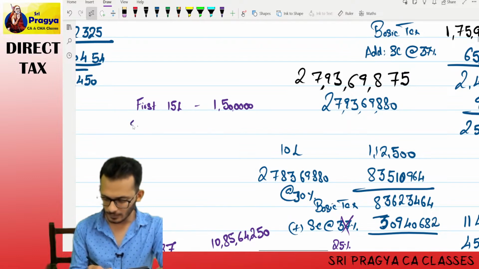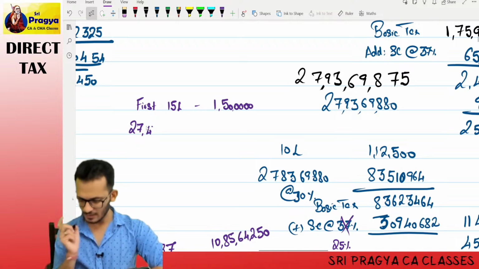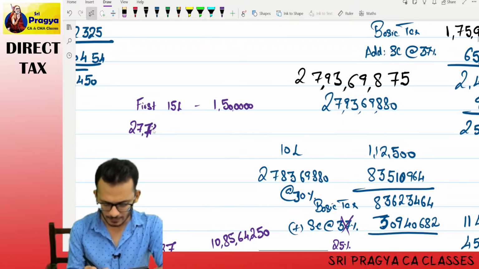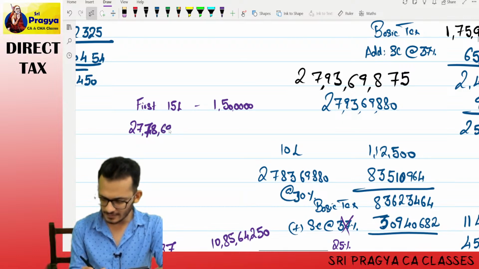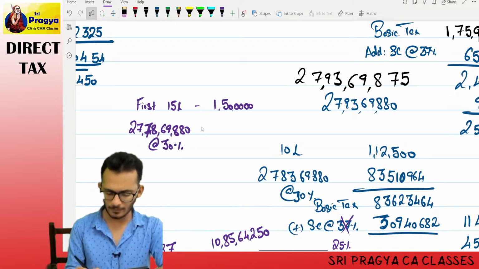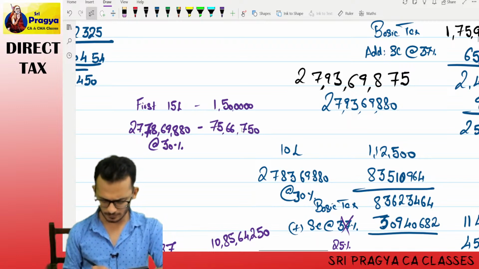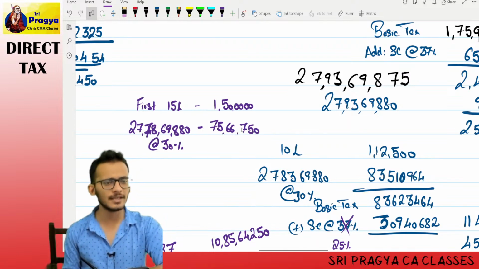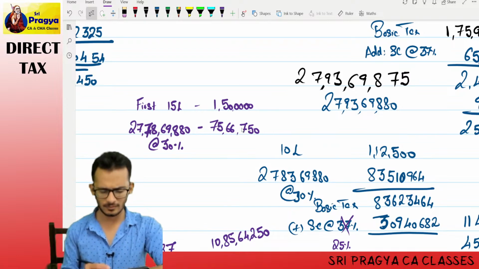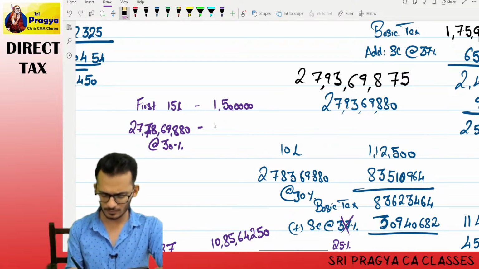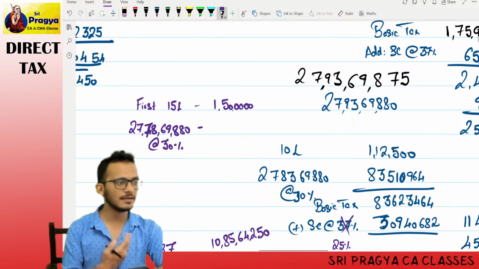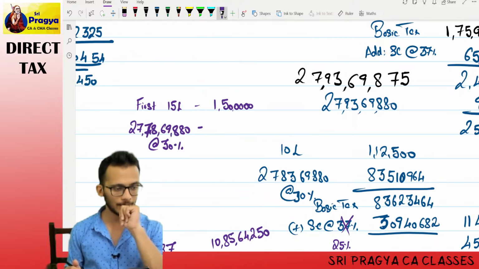For the balance, 27 crores 78 lakhs 69,880 at the rate of 30%. Sure? 30% of 27 crores is 75 lakhs, sir. Put it on the calculator, no? 27,78,69,880.